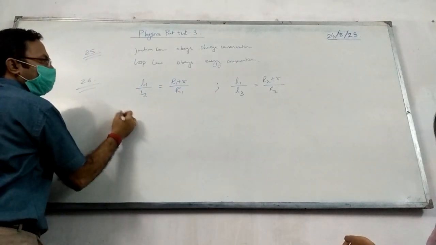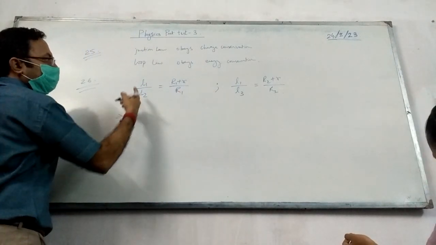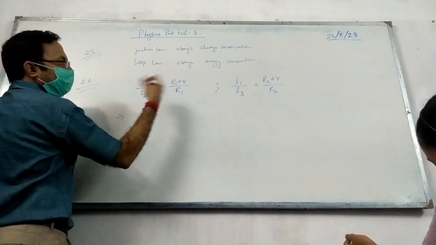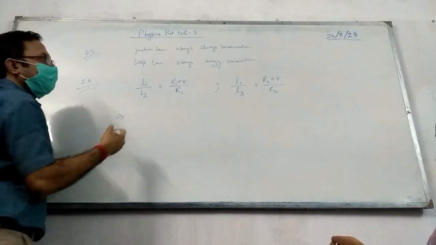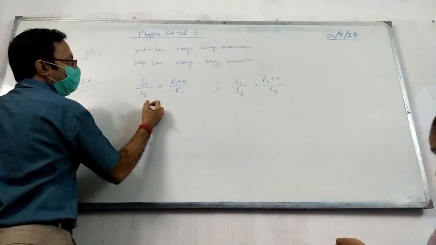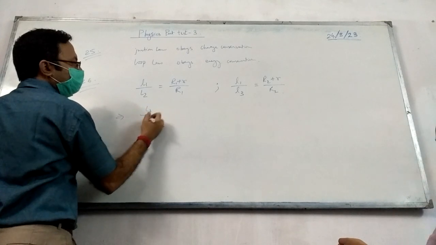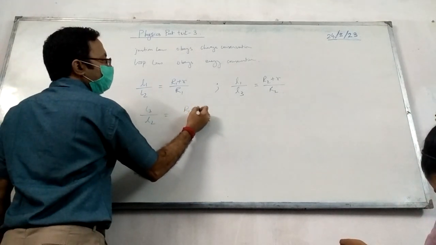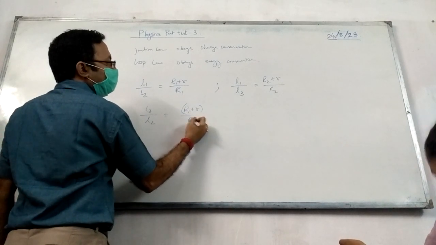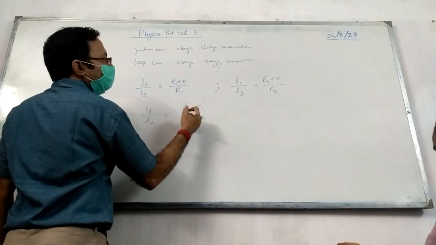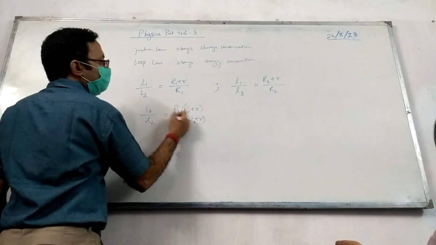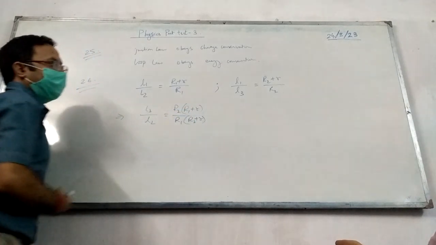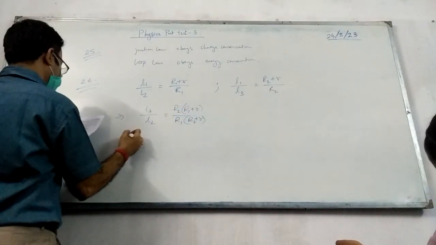So if you now make a ratio on both sides, दोनों का अगर ratio निकालेंगे, so what will you get? L1 will get cancelled, so you'll get L3 by L2 is equal to R1 plus R by R2 plus R और ऊपर में R2 और यहाँ पर R1, ठीक है?